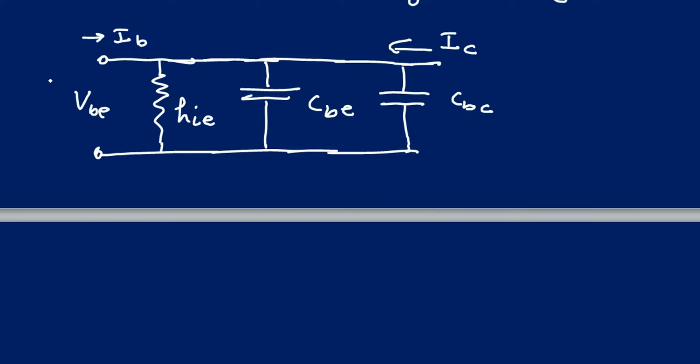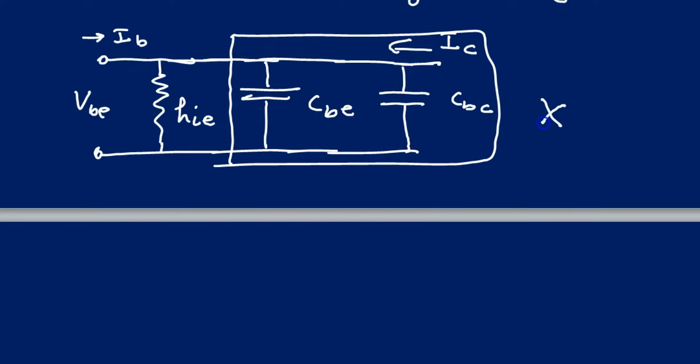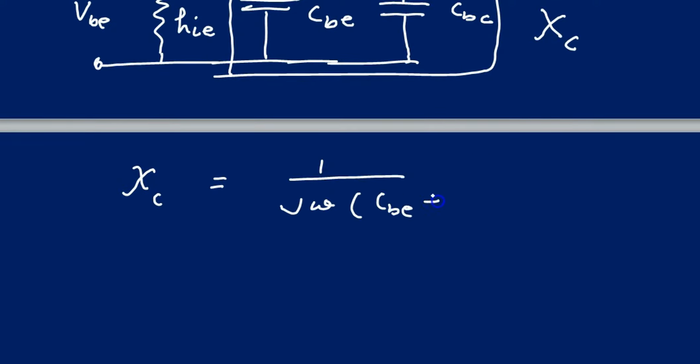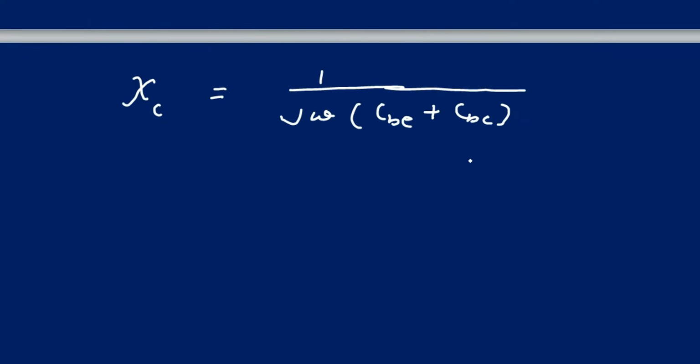Now here you notice CBE and CBC are in parallel. In parallel, the capacitances add up. Let me say the capacitive reactance of the combination is XC. So it is 1 over j omega and the sum of the capacitances of the two capacitors.